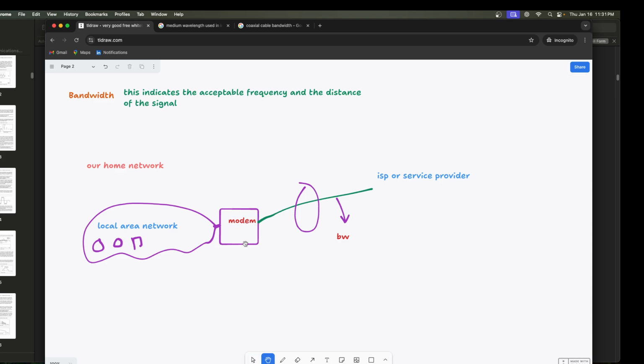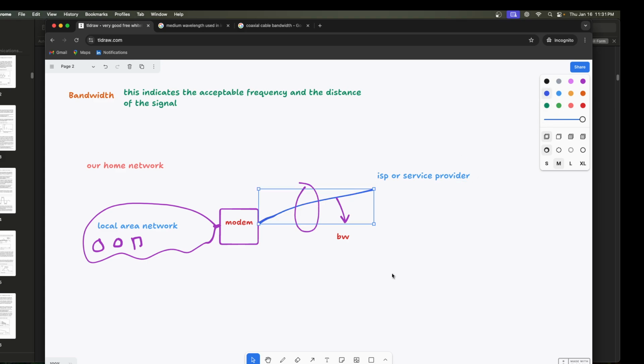Let's make this. Okay. So now this modem will do the conversion to digital over here. So at this point, the modem does digital to analog.